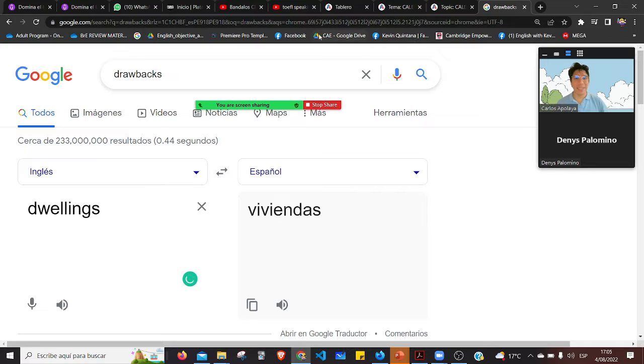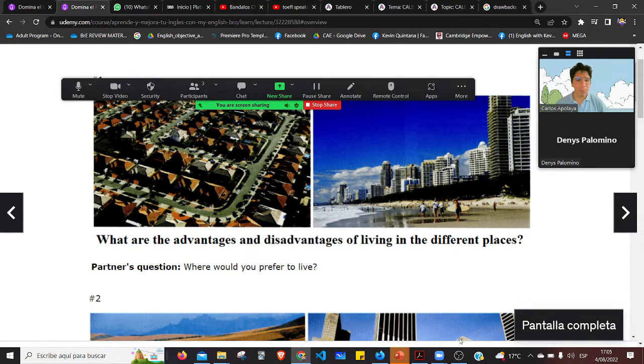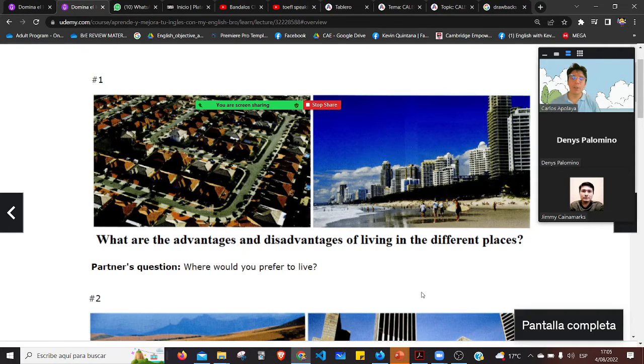A lot of dwellings. Okay, I think the main drawback would be that you have to get by with the problems of the neighborhood.